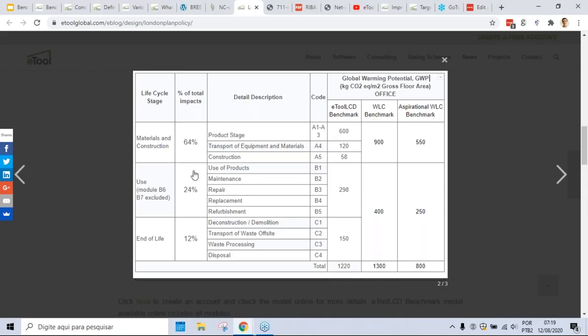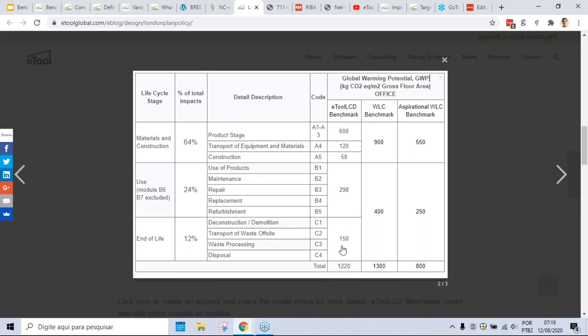It also helps you understand all the areas of relevance. So should we focus on transportation impacts or construction impacts, or should we actually focus on our procurement process and try to extend warranty periods and guarantee quality of our products and durability, so we reduce maintenance and repair impacts?